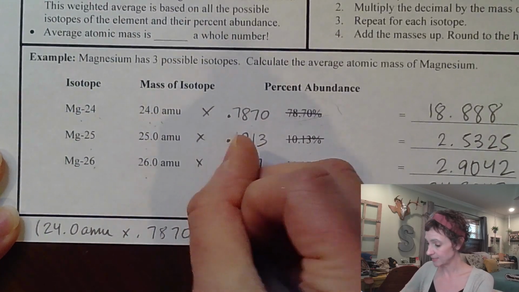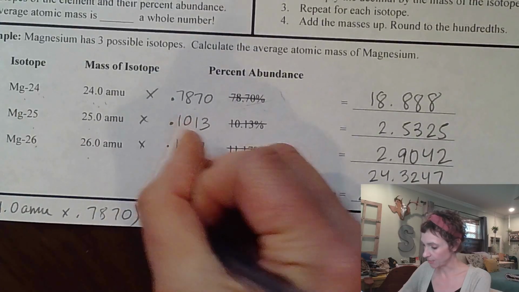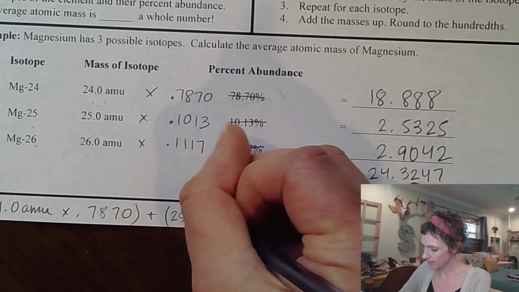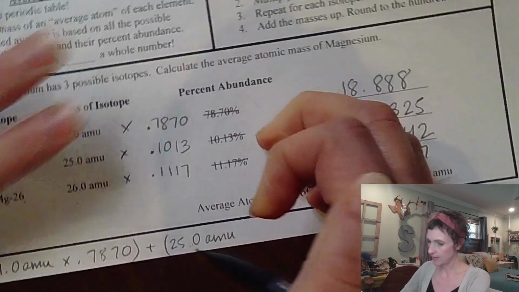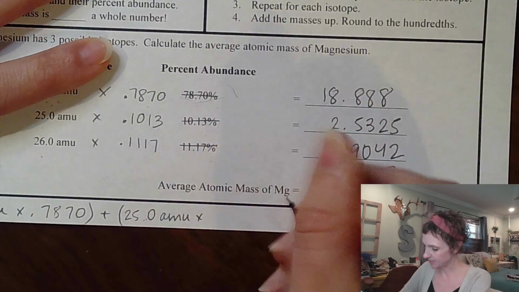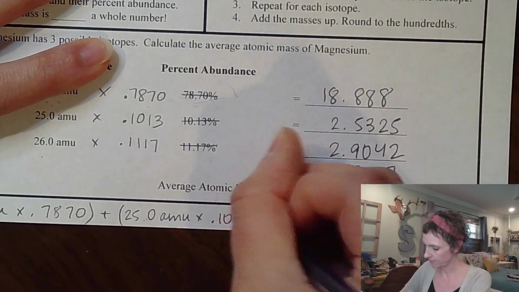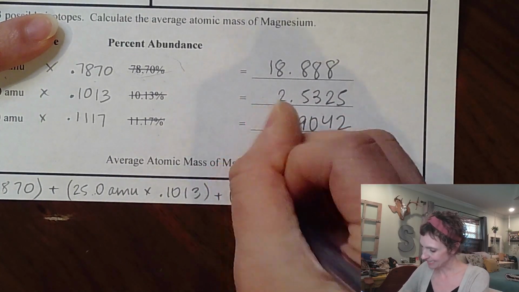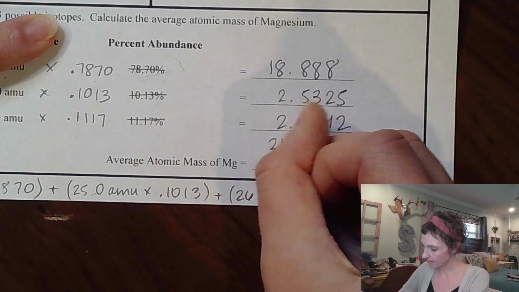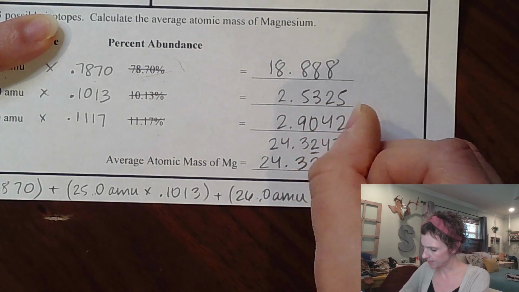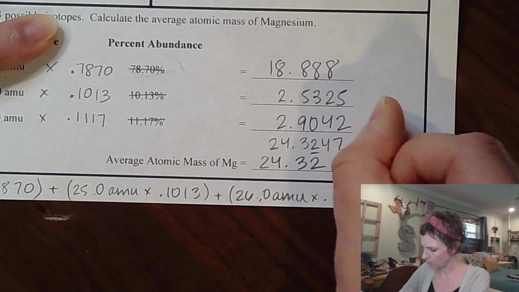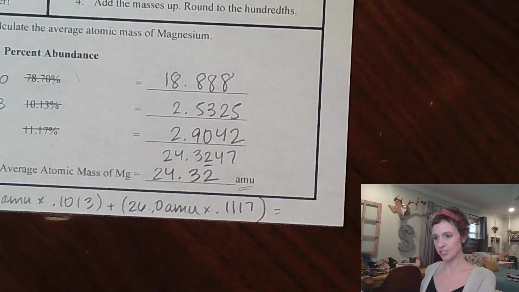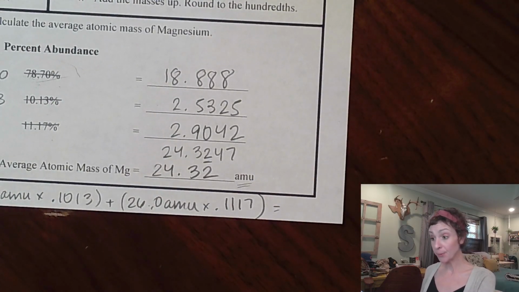And then I can go plus 25.0 AMU, and we're going to multiply him by his percent abundance in decimal form. Plus, then I have 26.0 AMU times 0.1117. And then that can just equal. And that would be an appropriate way to show work.